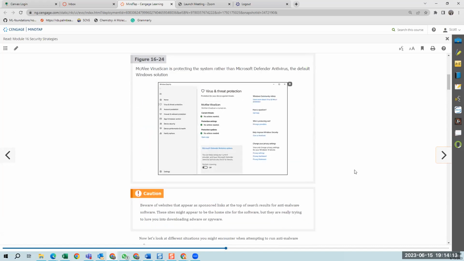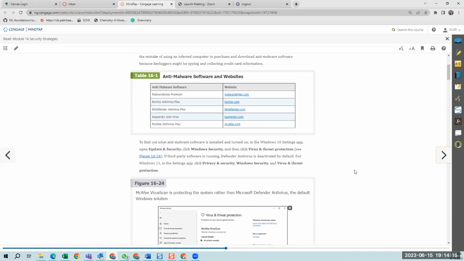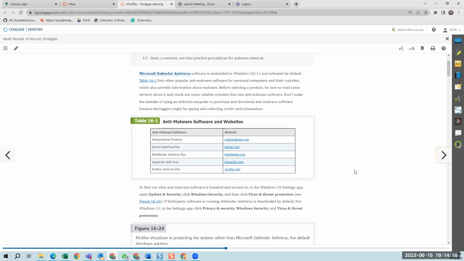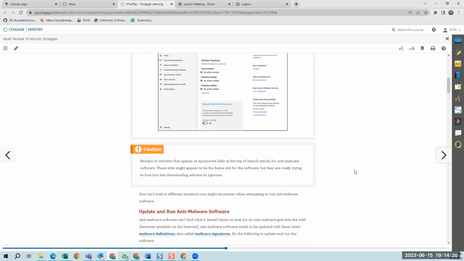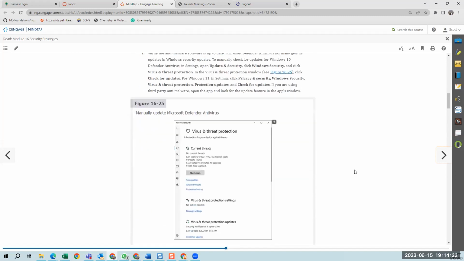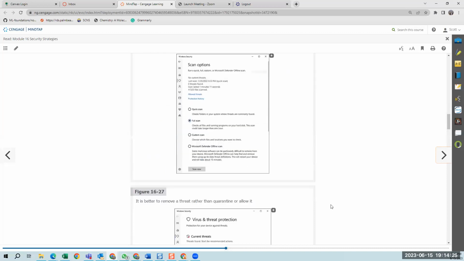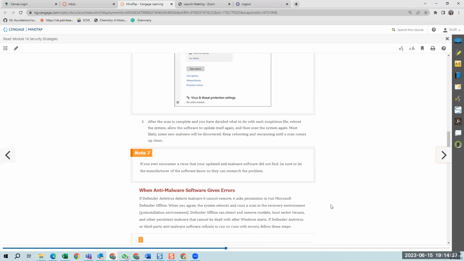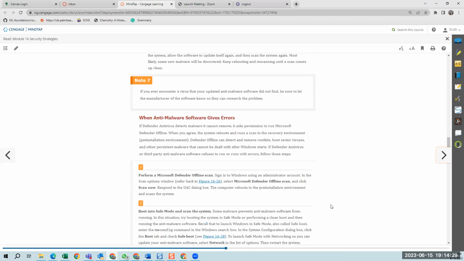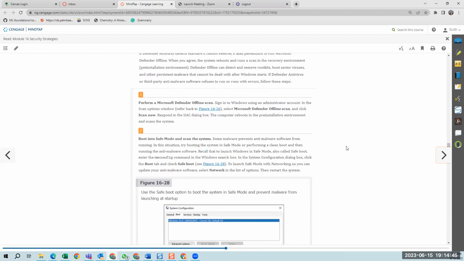Even Microsoft's Defender, it beats you up on resources. Others are far worse than Defender, but having those and paying that price by giving up some of that processing capacity to run those applications, it keeps us safe.